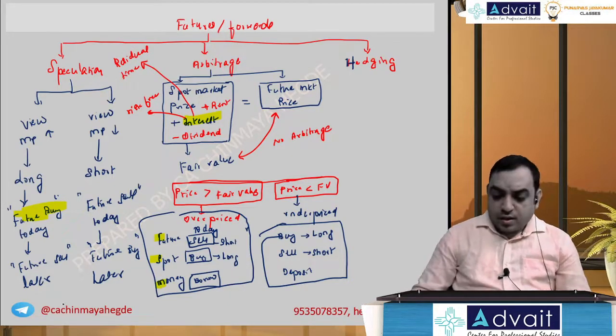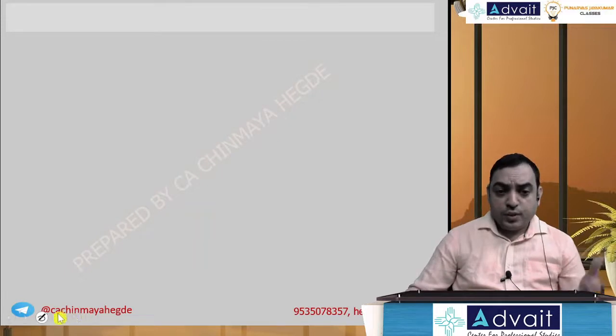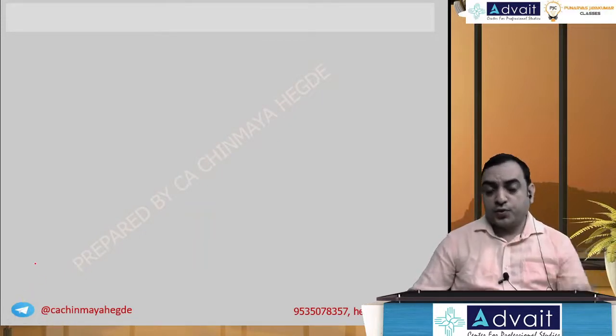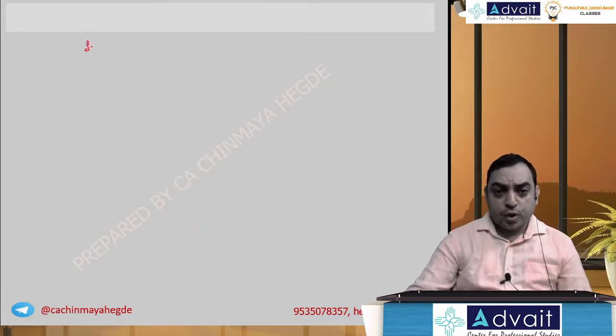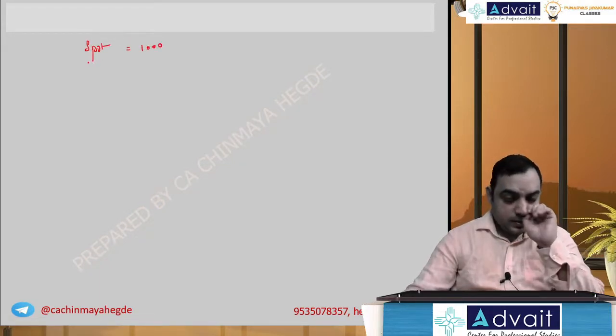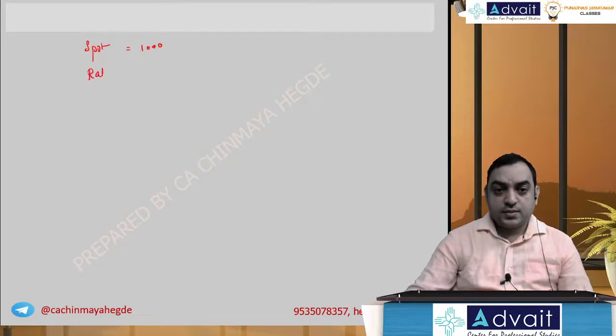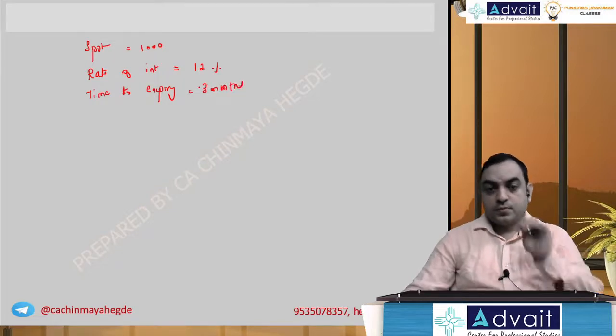Let me give a quick numerical example to make you understand this hedging process. Suppose the spot price of a share is 1000 rupees, the rate of interest is 12% per annum, and the time to expiry is 3 months.